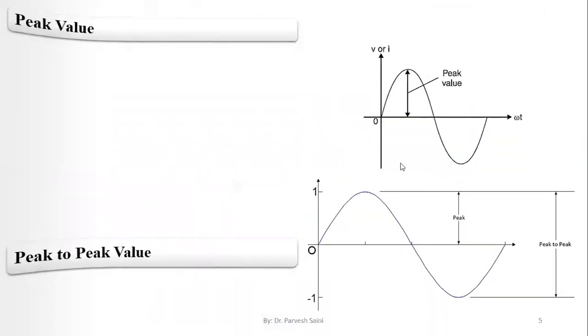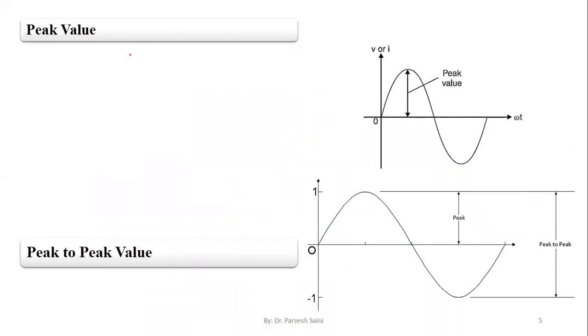Now let us go further and understand what peak value and peak to peak value are. The peak value is basically the maximum value that is attained by an alternating quantity in its cycle, right? Because here we have seen this is a sine wave. So let us take some non-sinusoidal signal.